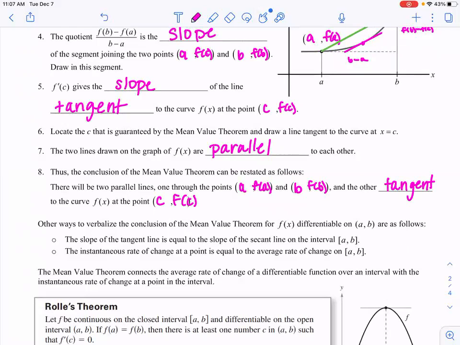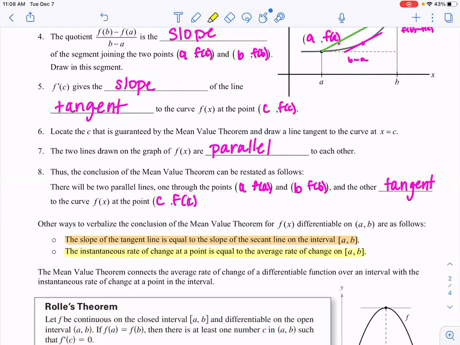In other words, the slope of the tangent line is equal to the slope of the secant line. Or if you want it a different way, the instantaneous rate of change is equal to the average rate of change.